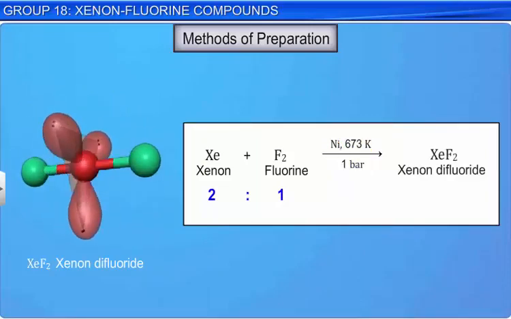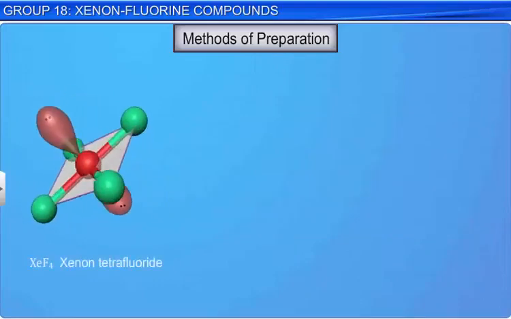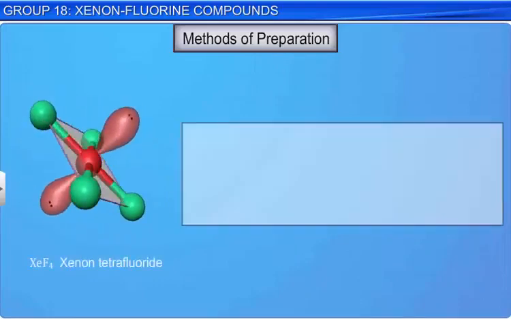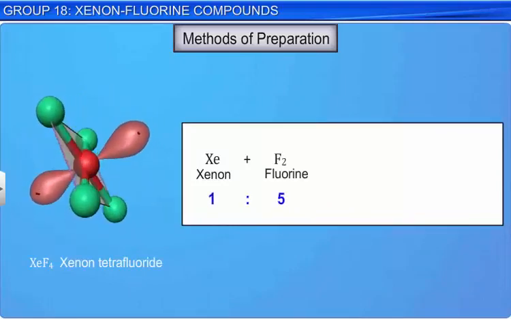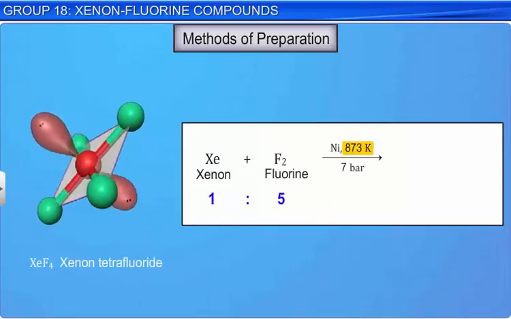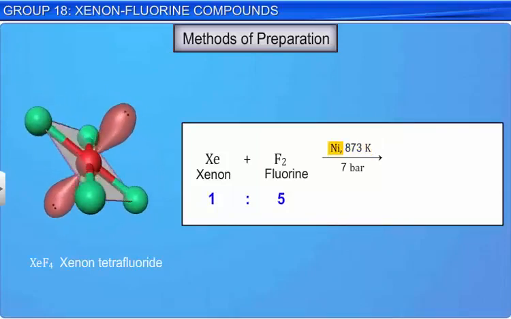Xenon tetrafluoride is obtained when a mixture of xenon and fluorine in the ratio 1:5 is heated at 873 Kelvin in a sealed nickel vessel at 7 bar pressure.